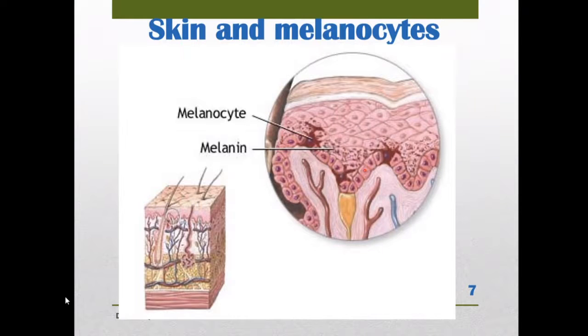So as you know, this melanin is very important. It protects us against the effects of ultraviolet light. As you saw in carcinogenesis, ultraviolet light creates many defects in our DNA. So melanin works as protection against the effects of ultraviolet light.